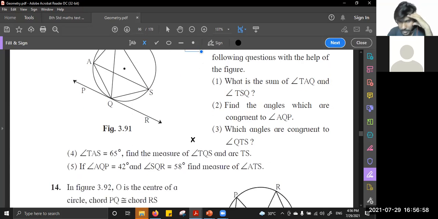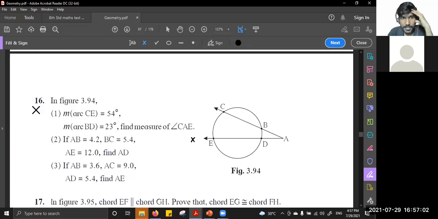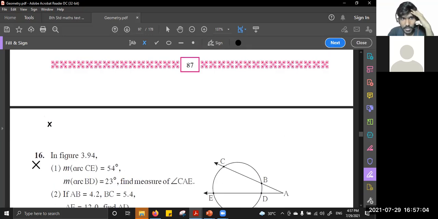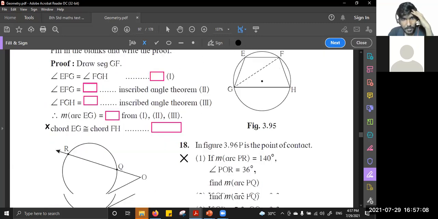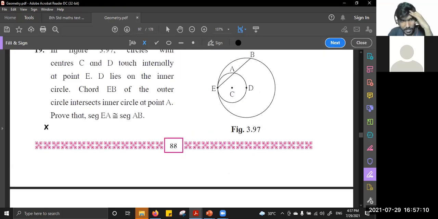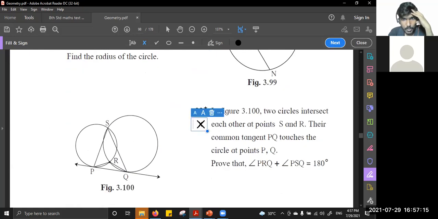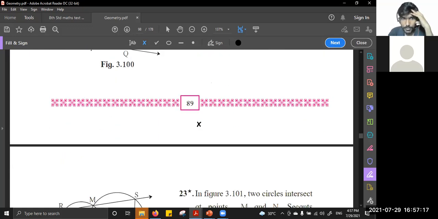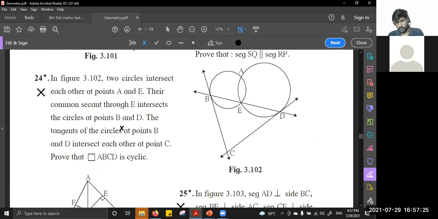Then sum number 15, which you already marked. Sum number 16 also. Okay. Then sum number 18, which you already said. And 22. 22 and last 24. That's from the board side. 25 is from our school. Okay, fine.